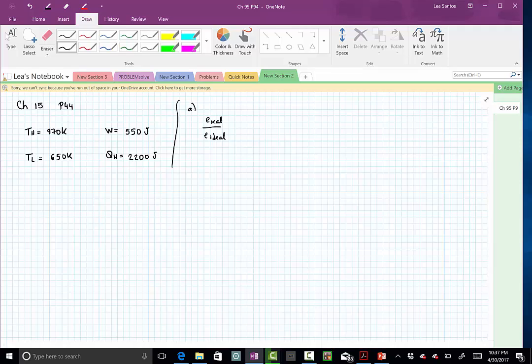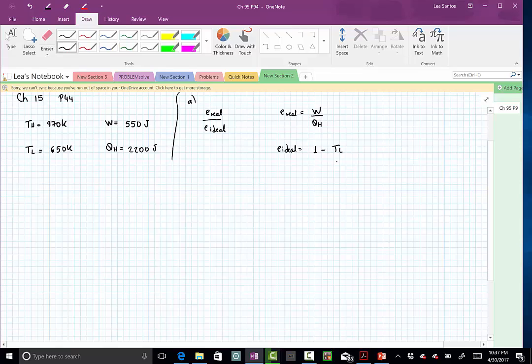So how do we find the efficiency for the real one? The work divided by the amount of input heat, the one that comes from the hot reservoir. So we find this number. And for the ideal, for the Carnot engine, we find it as 1 minus TL divided by TH, or equivalently TH minus TL divided by TH.